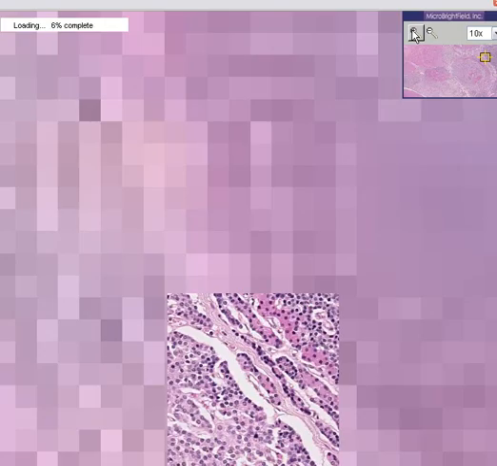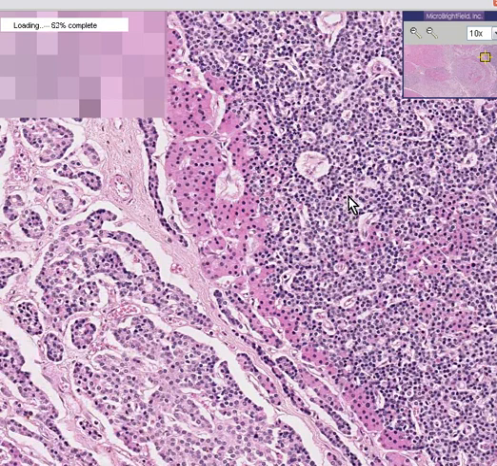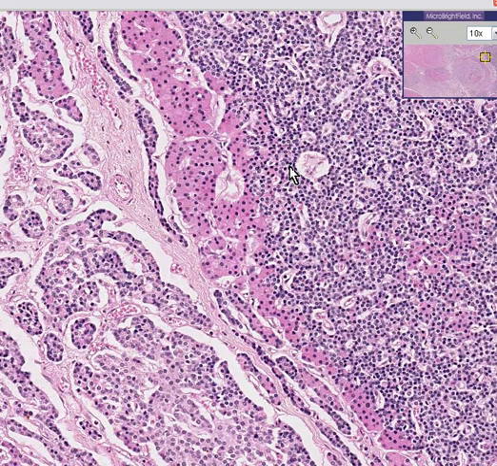Note that this hyperplastic response is not only the chief cells, which are the darker cells, but also the oxyphil cells, which are the redder cells. And this is important because if you thought that this parathyroid was enlarged primarily because of a tumor, it would be more likely that the cells would be of one cell type, because tumors are usually monoclonal, of one cell type.